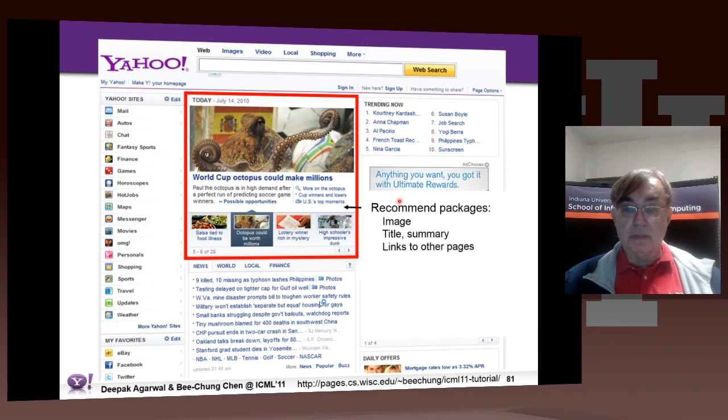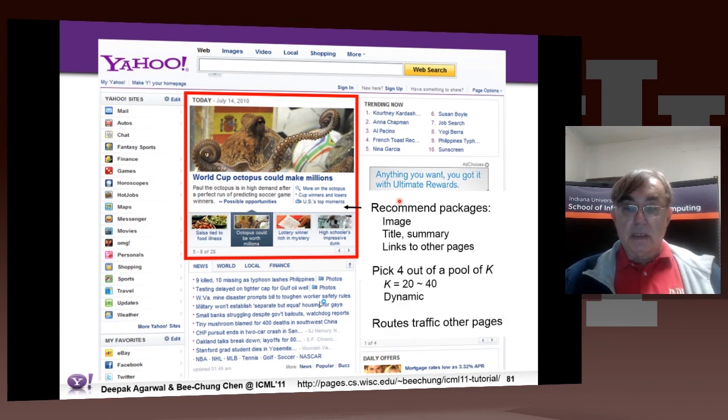And this group here, you only have 4 of them, 1, 2, 3, 4, and they're picked out of a pool of 10 to 20, and they're dynamic, and they're basically directing you to other places. All those decisions are made by a recommender engine based on what they know about you.